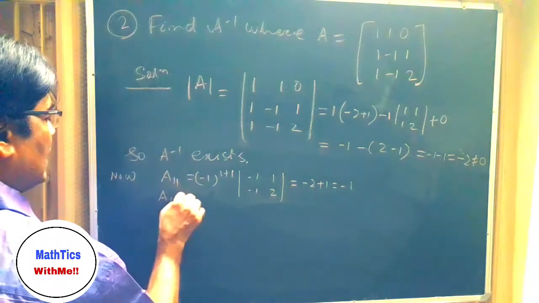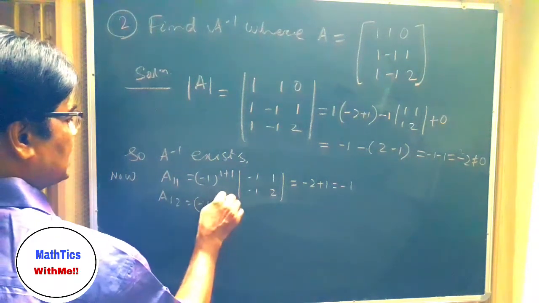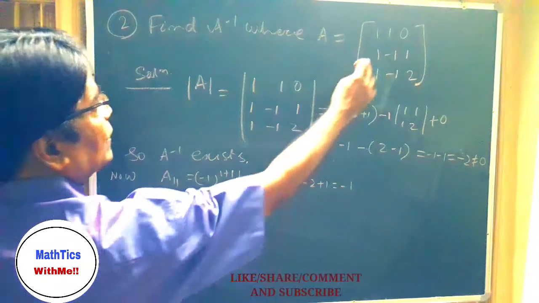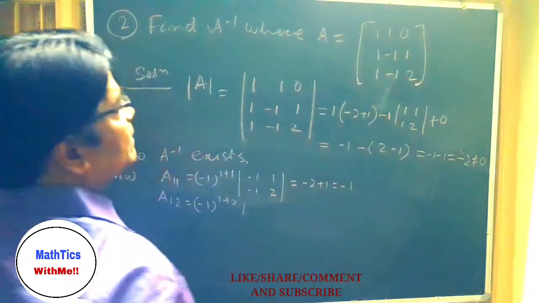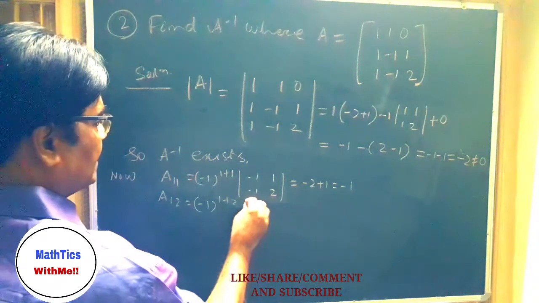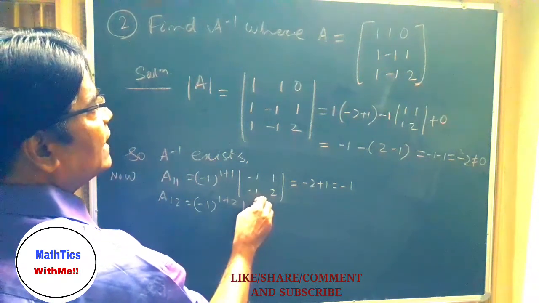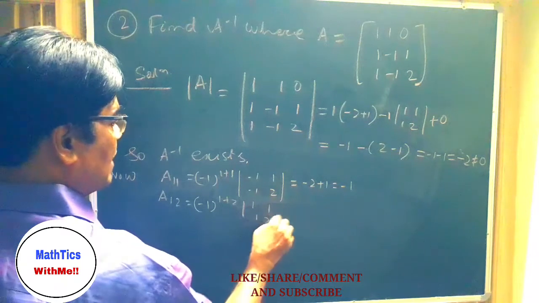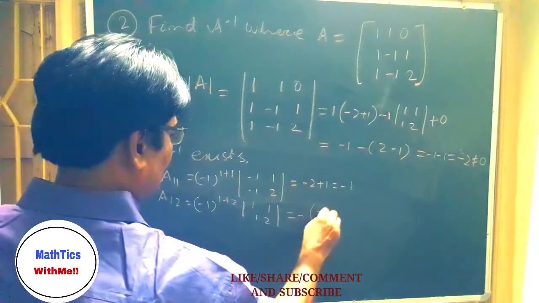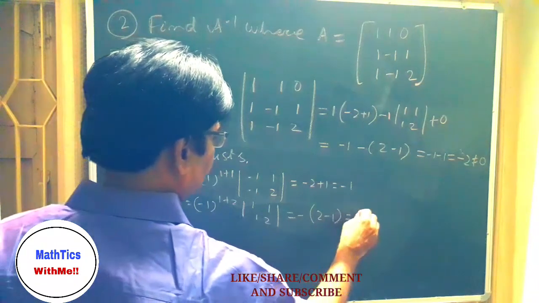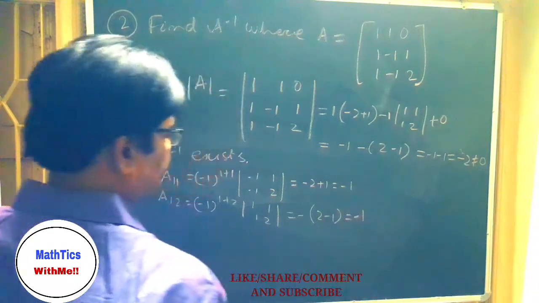Then A12, minus 1 to the power 1 plus 2, cofactor of this element. So we forget about the row and column containing that element. Then we get 1 1, 1 2. So this is minus of 2 minus 1, which is minus 1 again.